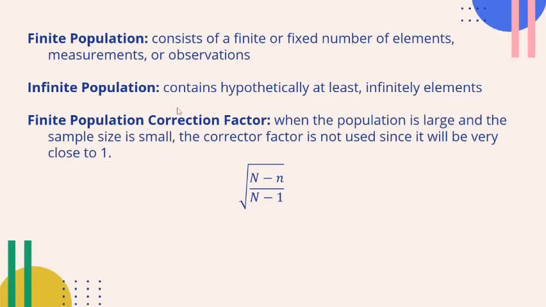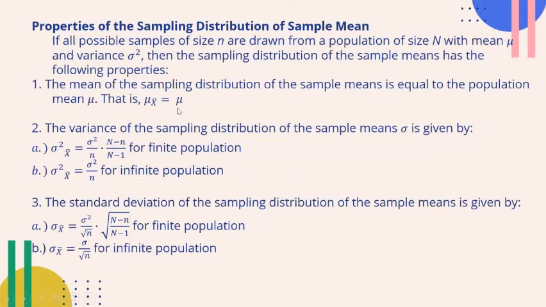Okay, so here are the properties. To summarize the sampling distribution, the following are its properties. If all possible samples of size n are drawn from a population of size N with the mean and the variance, then the sampling distribution of the sample mean has the following properties.